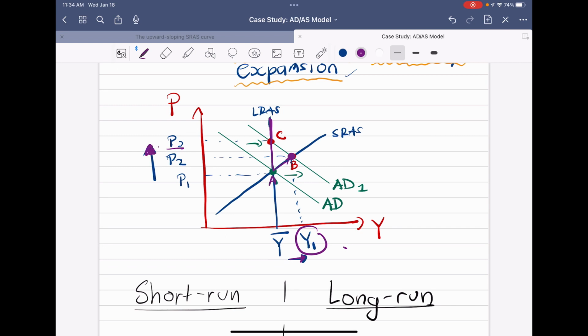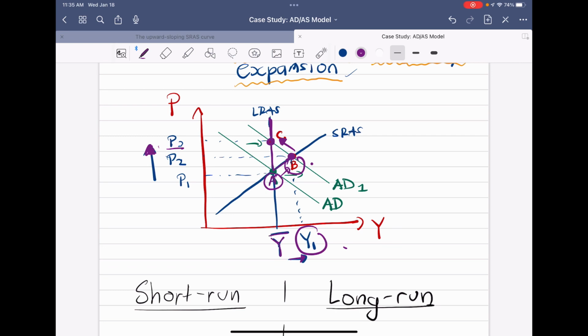So we can see that as we start with A in the short run, we move to point B, catch up with reality, the excess demand results in higher prices, yet we are now back again at the natural level of output.